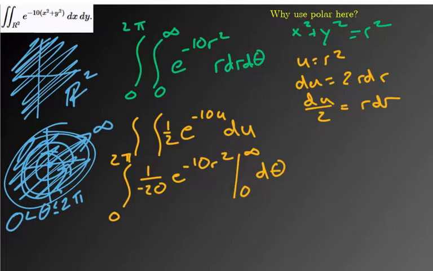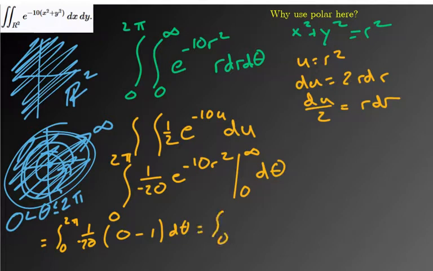Running out of room here, but we've got 0 to 2 pi, 1 over negative 20, and then e to the negative infinity is 0, minus e to the 0, which is 1, and then d theta.